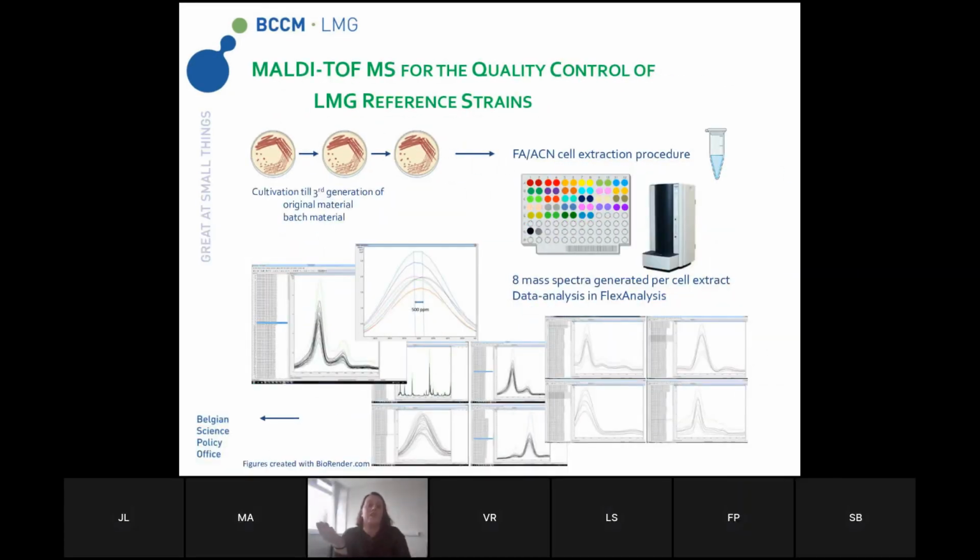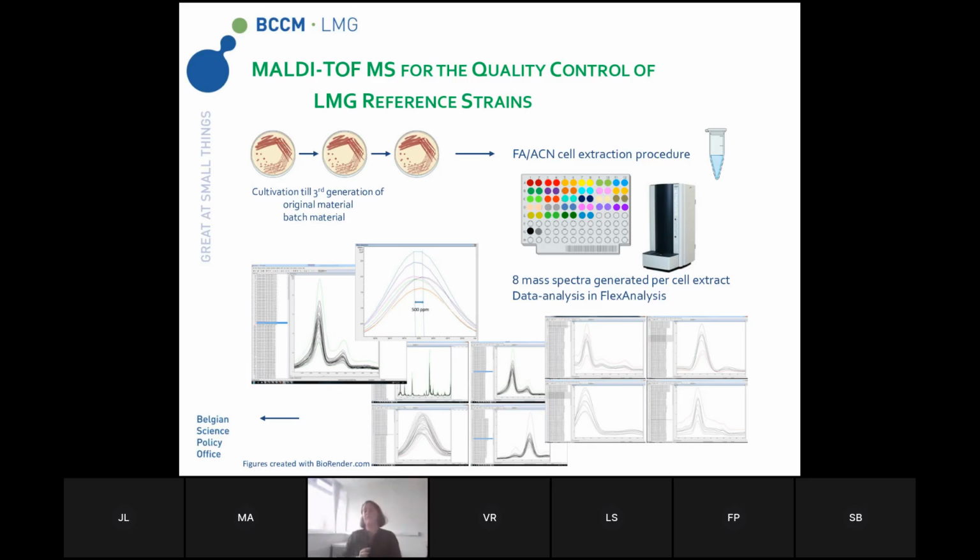We also do a cultivation until the 3rd generation of the original material and also from the batch material, so before and after preservation. Again, we go for 3rd generation young, fresh culture, and we prepare a cell extract and spot this also in duplicate on a target plate.